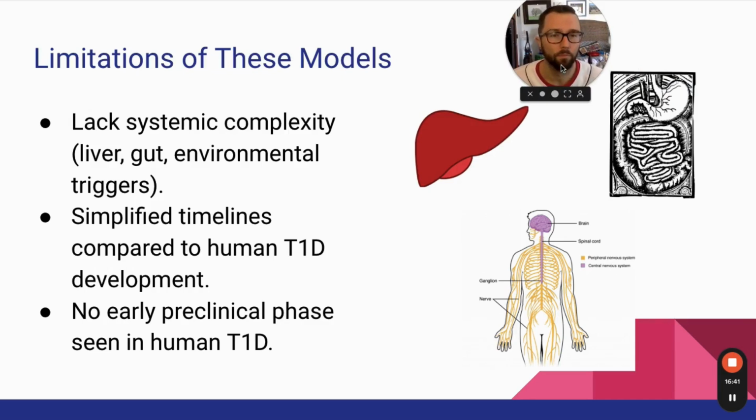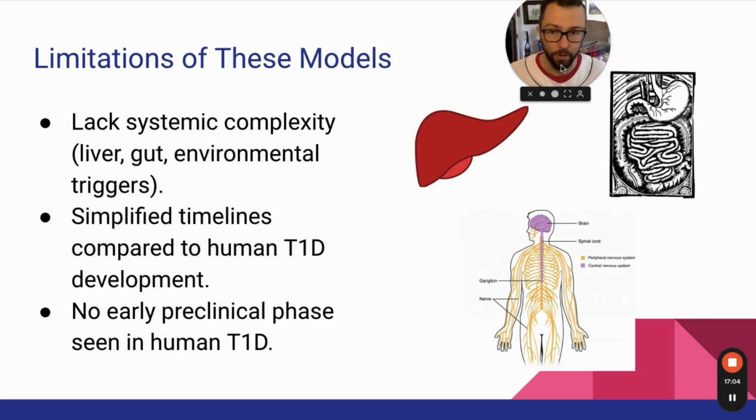So the systemic complexity, right? If you're familiar with my content at all, I am a huge believer in the multifactorial origins of human type 1, right? There's a lot that has to go wrong in order for our beta cells to fall victim.